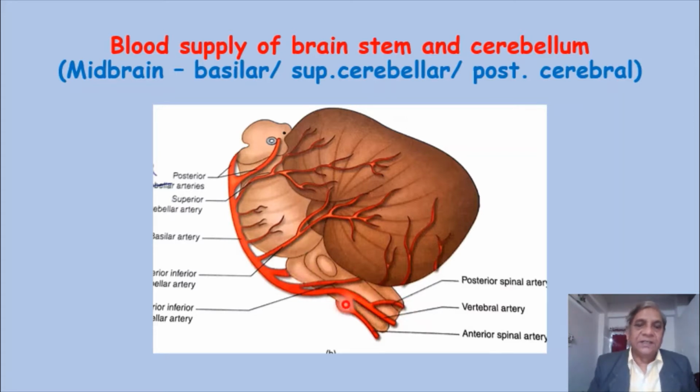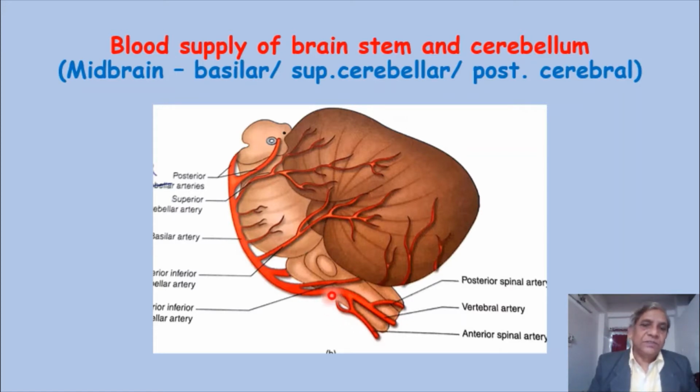Then the artery also gives branches which unite in the midline to form the anterior spinal artery, which runs in the median fissure of the spinal cord. So there are three spinal arteries, the two posterior spinal arteries and a single anterior spinal artery, which go down to form the blood supply to the spinal cord.